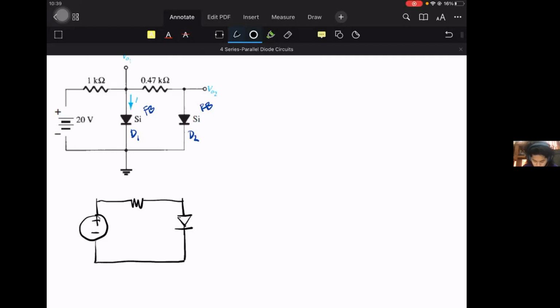Basta ani bitaw class, no? And then isa ka diode lang dire. This is 0.7. This is also 0.7, right? Ito na establish earlier. Okay na siya.